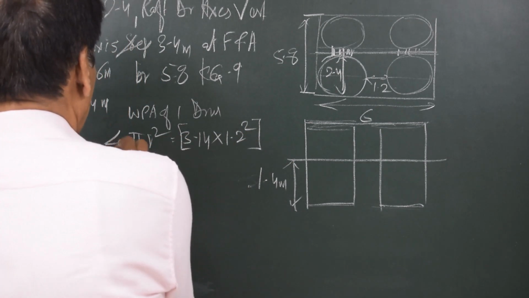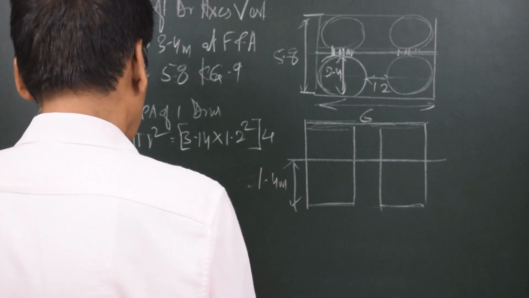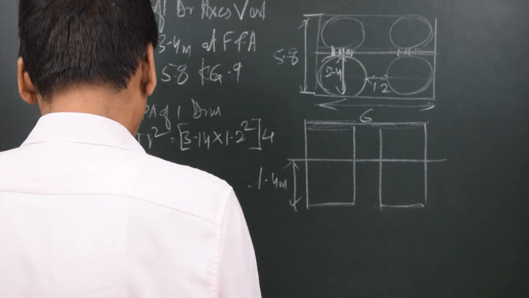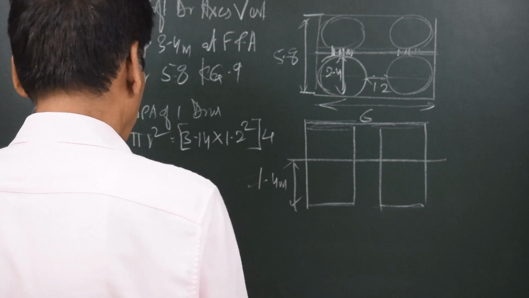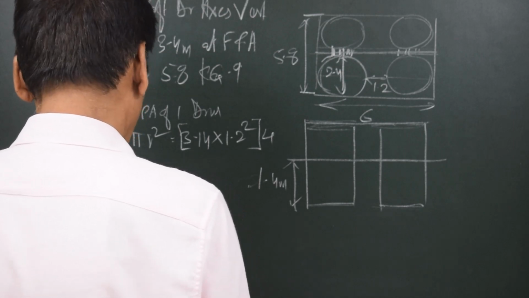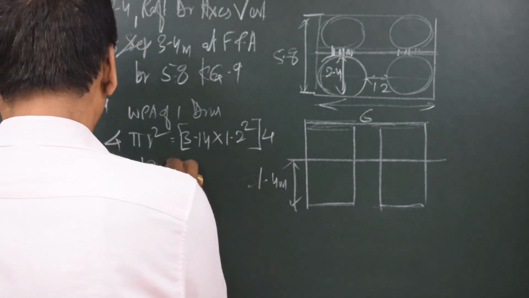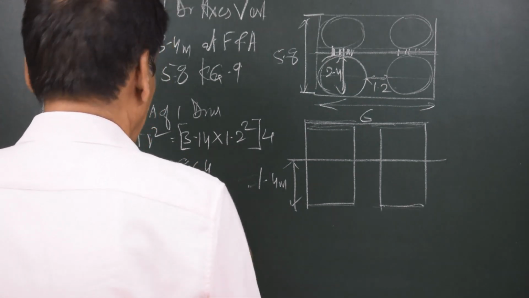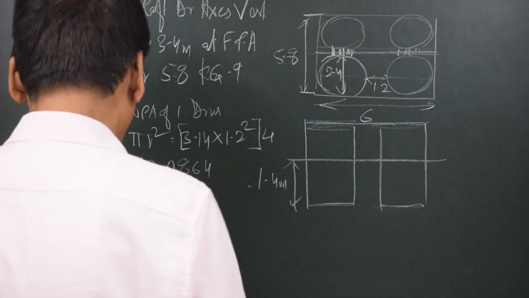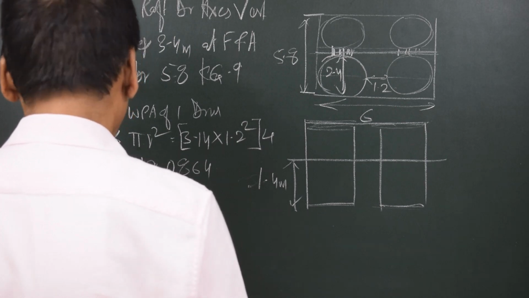If it is 4 drums, then I'll have to multiply by 4. So it becomes 1.2 into 1.2 into 3.14 into 4. So total waterplane area is 18.0864, right? And this multiplied by draft, that is 1.4, will give me the underwater volume.